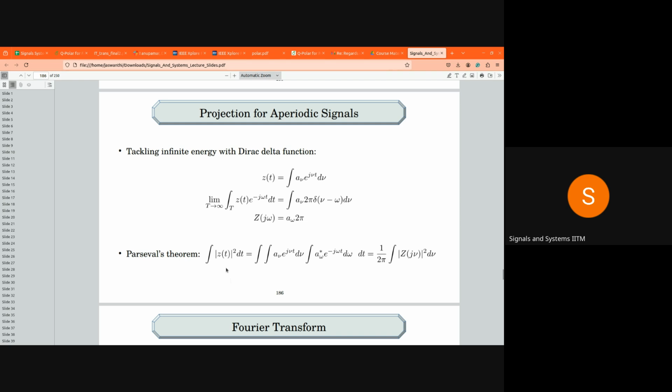When you multiply two signals, you can write this in this way, taking a double integration. By Parseval's theorem, the idea is that z of t whole square can be represented as this product of terms.